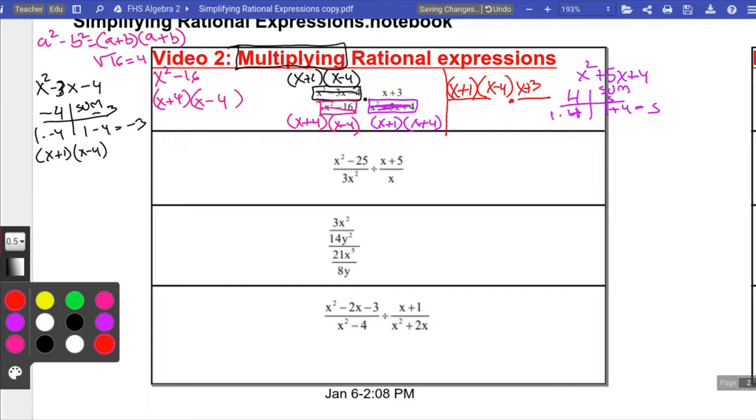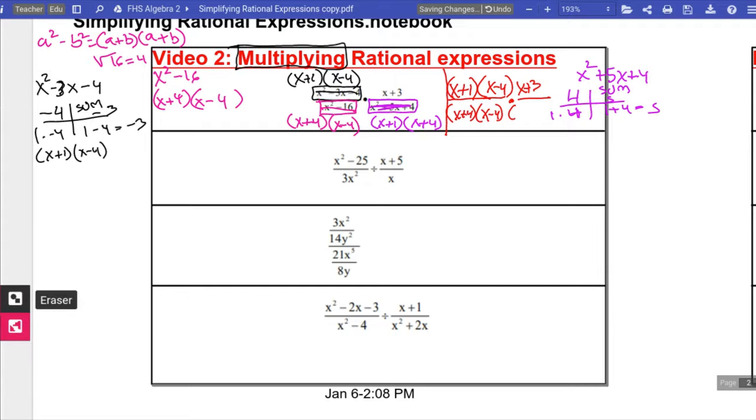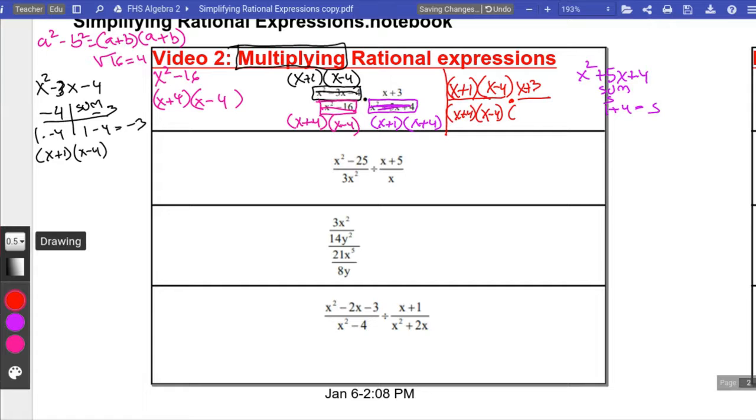At the bottom, I have x plus 4, x minus 4. And at the bottom here, I'm running out of room. Let me erase this because I don't want it to disturb my work. Then I have x plus 1, x plus 4.